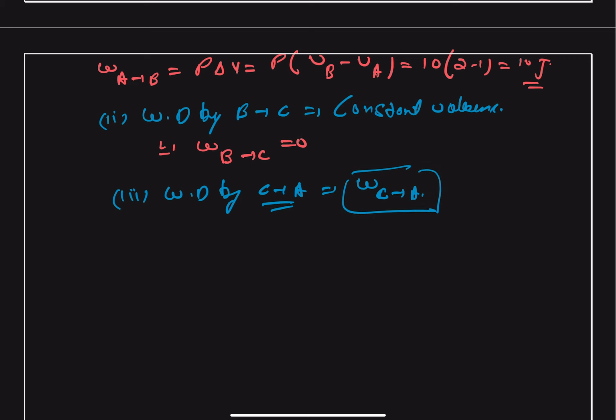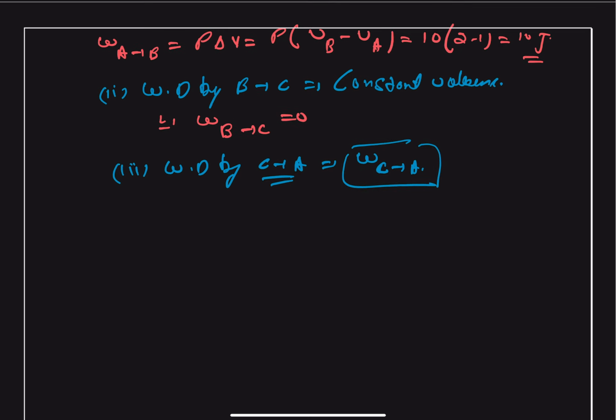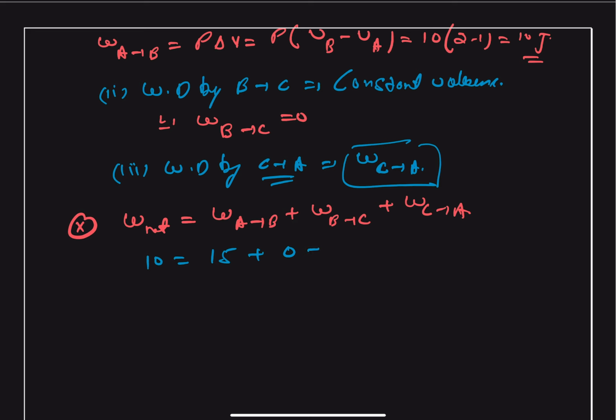In the cyclic process, the total work done is equal to the sum of the work done by the individual processes. So we can write that W net is equal to work done from A to B plus work done from B to C plus work done from C to A. W net is given as 5, so 5 is equal to A to B, which is 10, plus B to C, which is 0, plus W C to A, which we are supposed to find out.